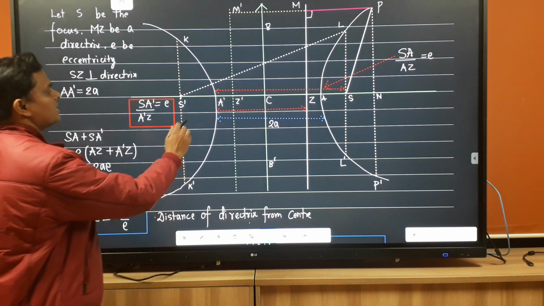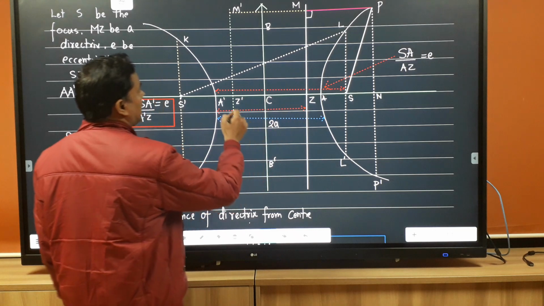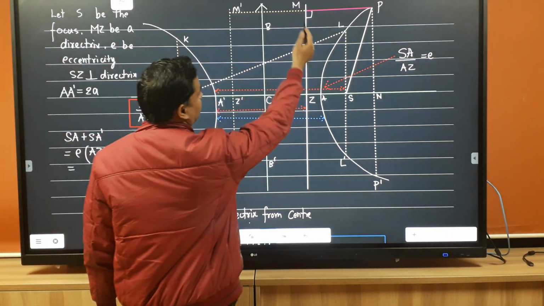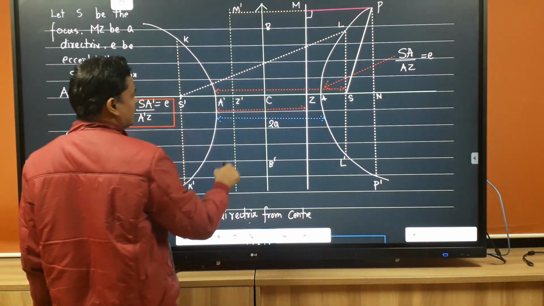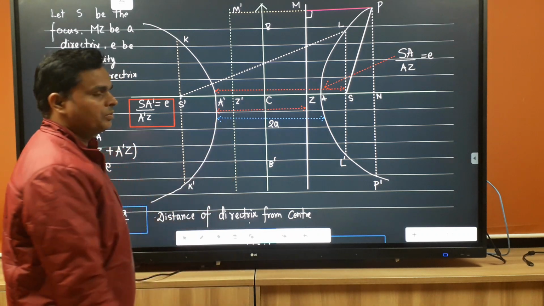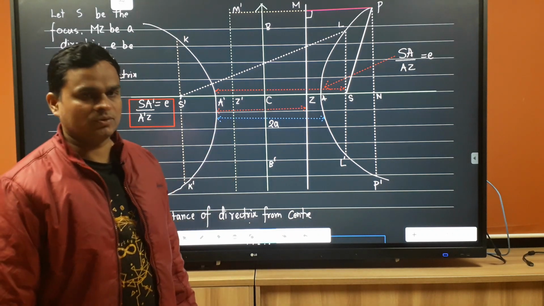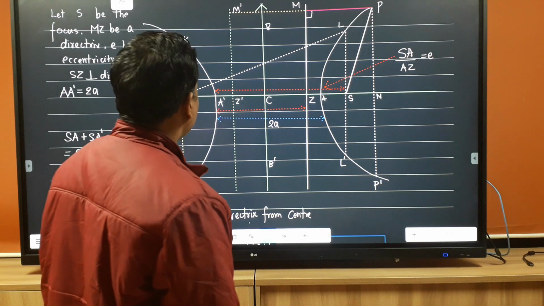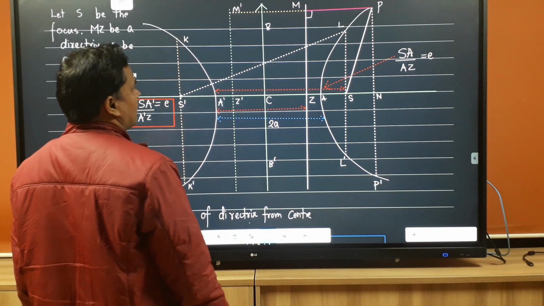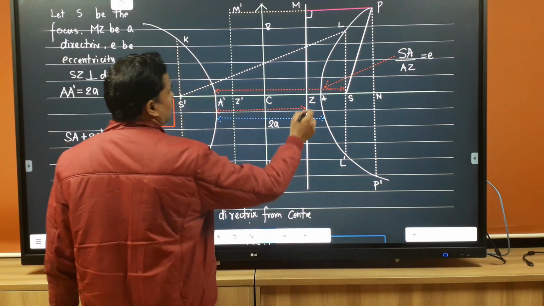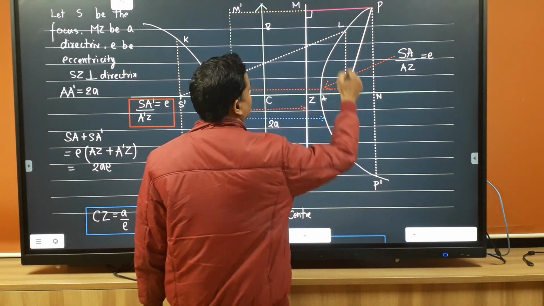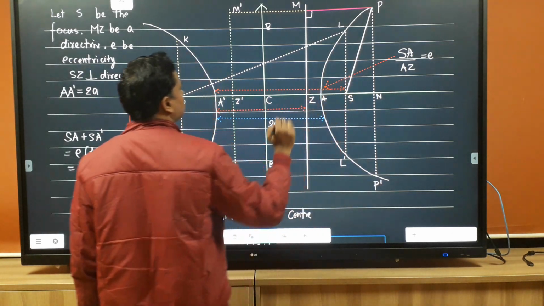A and A dash are vertices, and this line MZ and M dash Z dash, extended downwards, are both directrices. And this point L dash is passing through the focus.